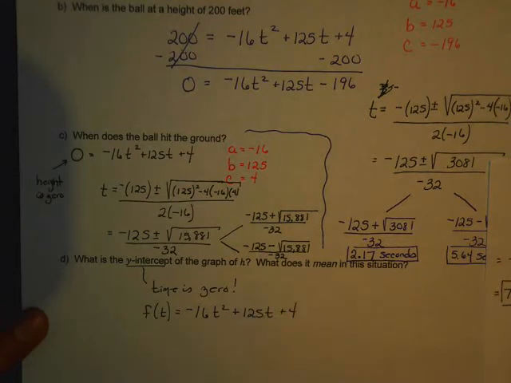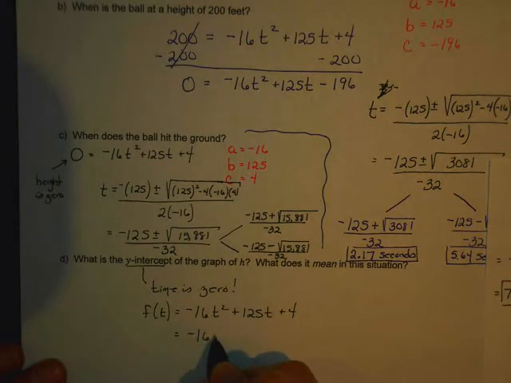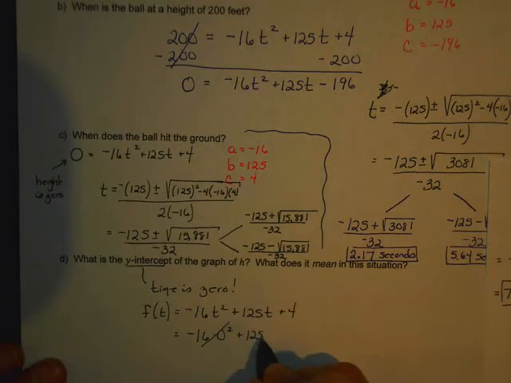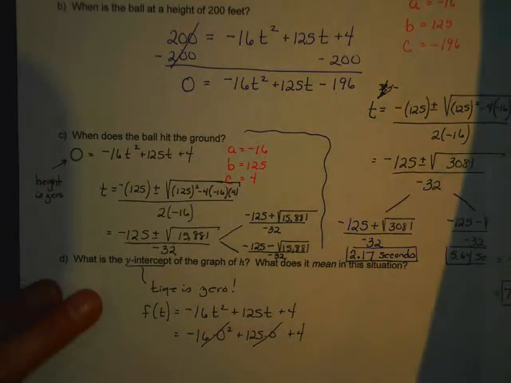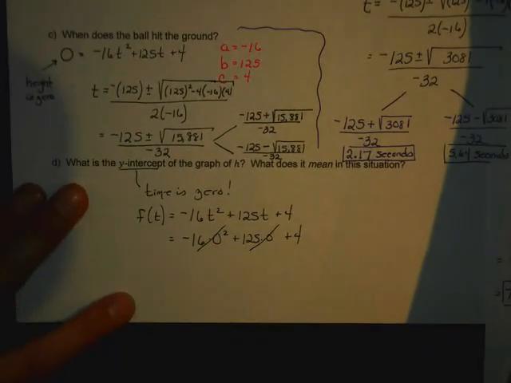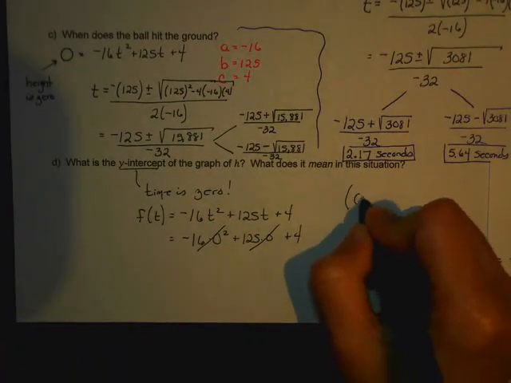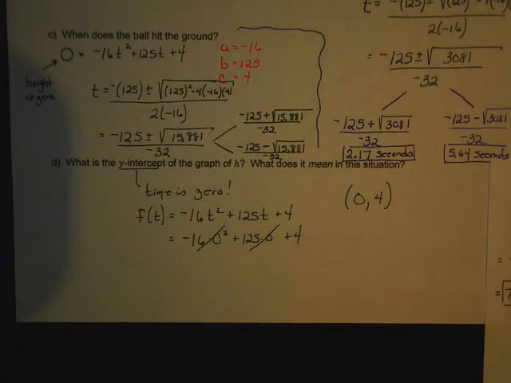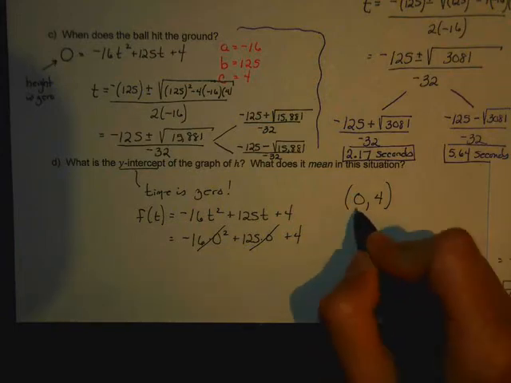So we're trying to figure out what the height is when the time is 0. So that's gone. That's gone. And then we have just 4 left. So when time is 0, the y value is 4, or the height is 4.